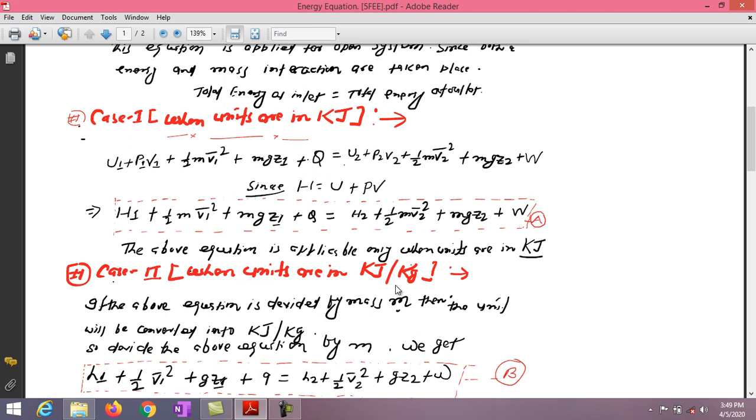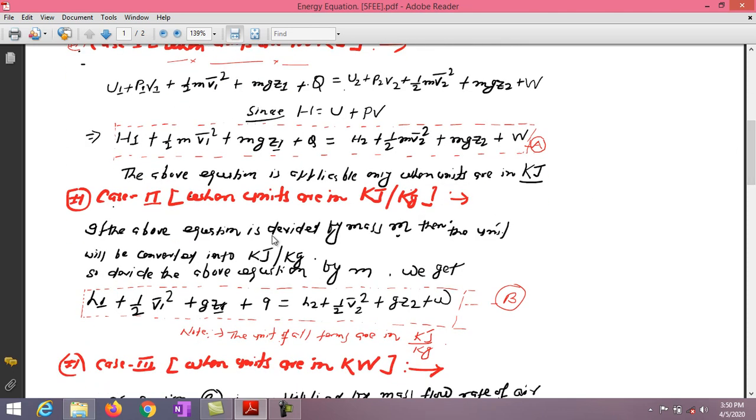That means we have to divide by mass. If you divide this equation A by mass, the unit of all terms will be kilojoule per kg. So simply we have to divide the whole equation by mass m, and then the unit will be converted into kilojoule per kg.